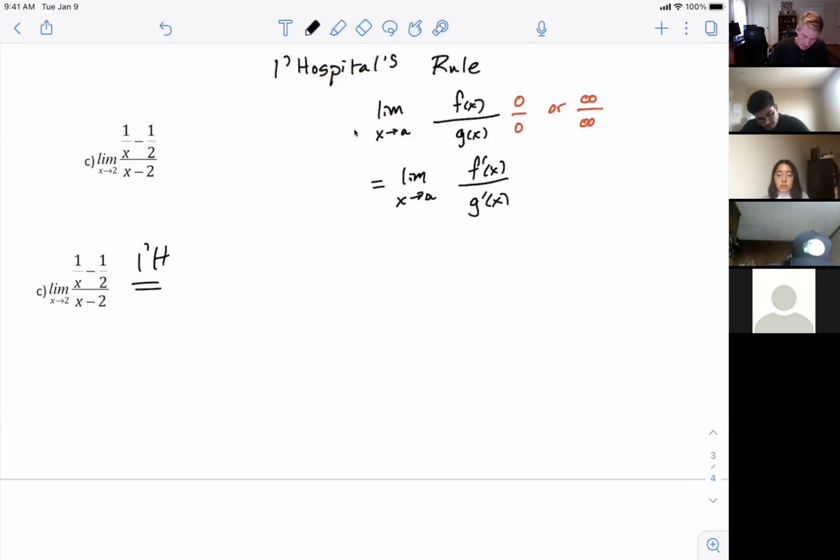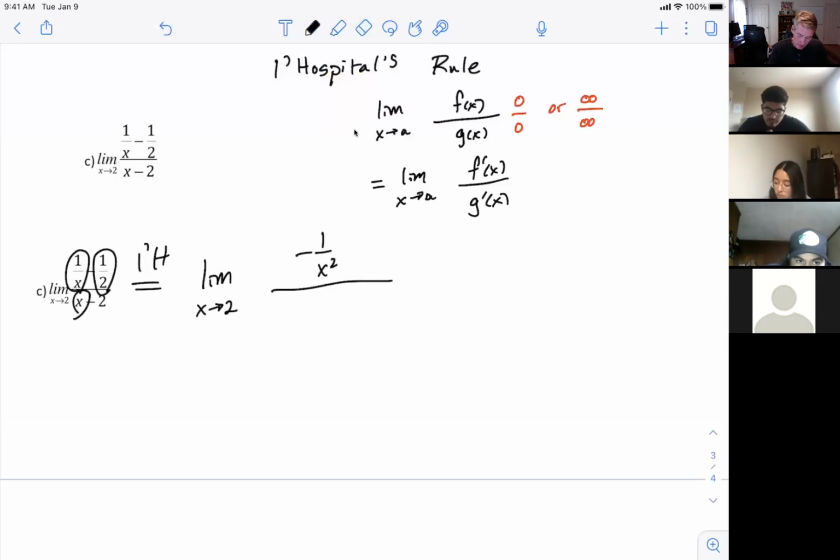Okay, so then it's going to be the limit as x approaches 2. On the top, take the derivative. So the derivative of 1 over x is negative 1 over x squared. The derivative of negative 1/2, that's going to be 0. On the bottom, the derivative of x is just a 1.